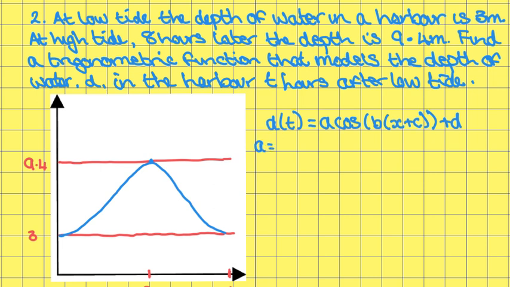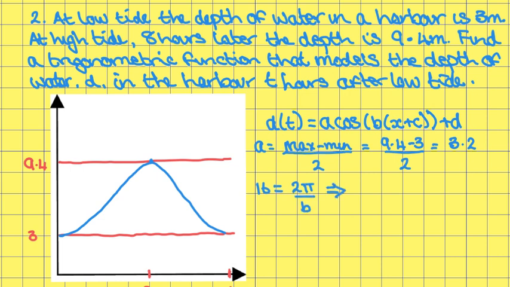So a is equal to the maximum minus the minimum divided by 2, which is equal to 9.4 minus 3 over 2, which is equal to 6.4 divided by 2, which would give us 3.2. We know that the period is 16, so we know that 16 is equal to 2 pi over b.